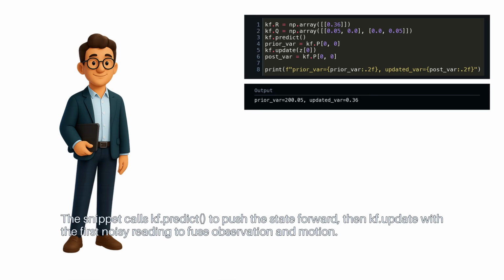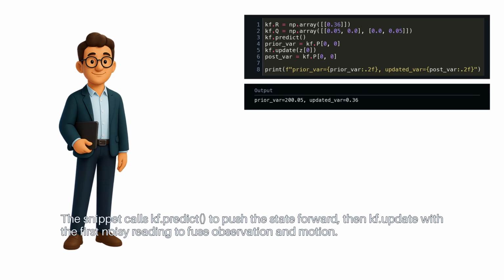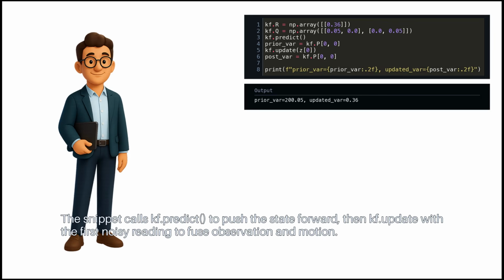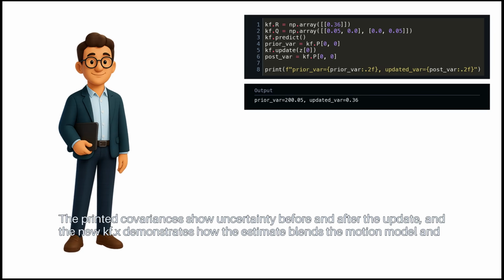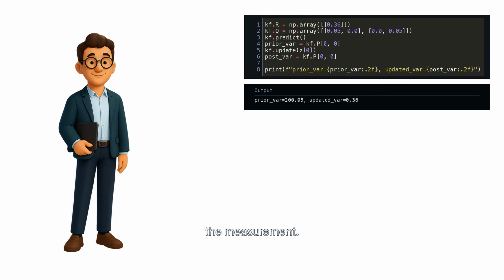The snippet calls kf.predict to push the state forward, then kf.update with the first noisy reading to fuse observation and motion. The printed covariances show uncertainty before and after the update, and the new kf.x demonstrates how the estimate blends the motion model and the measurement.